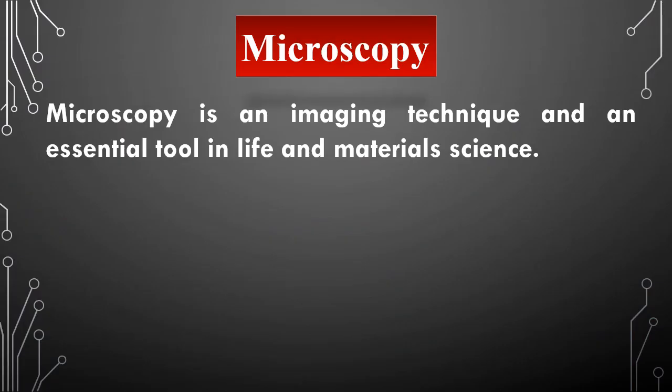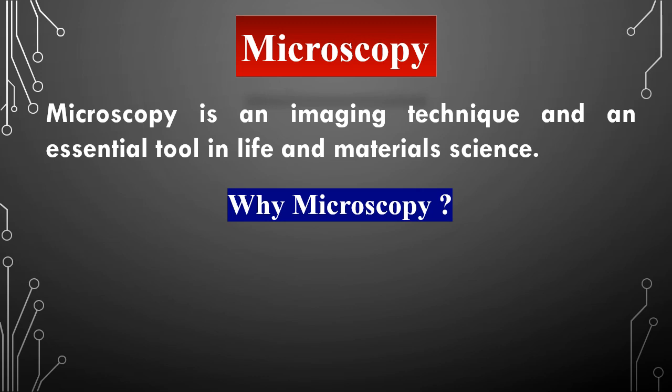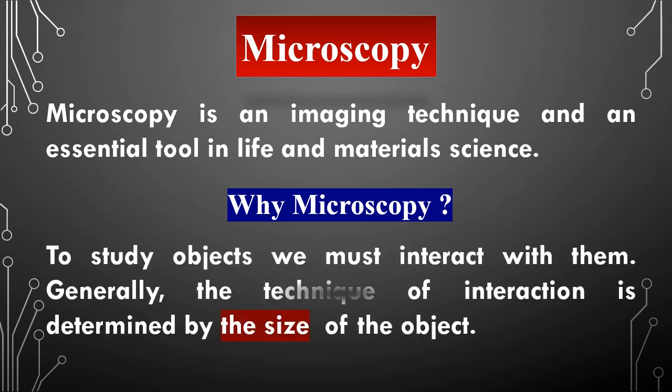Microscopy is an imaging technique and an essential tool in life and materials science. Why do we use microscopy in cell biology? To study objects, we must interact with them. Generally, the technique of interaction is determined by the size of the objects.